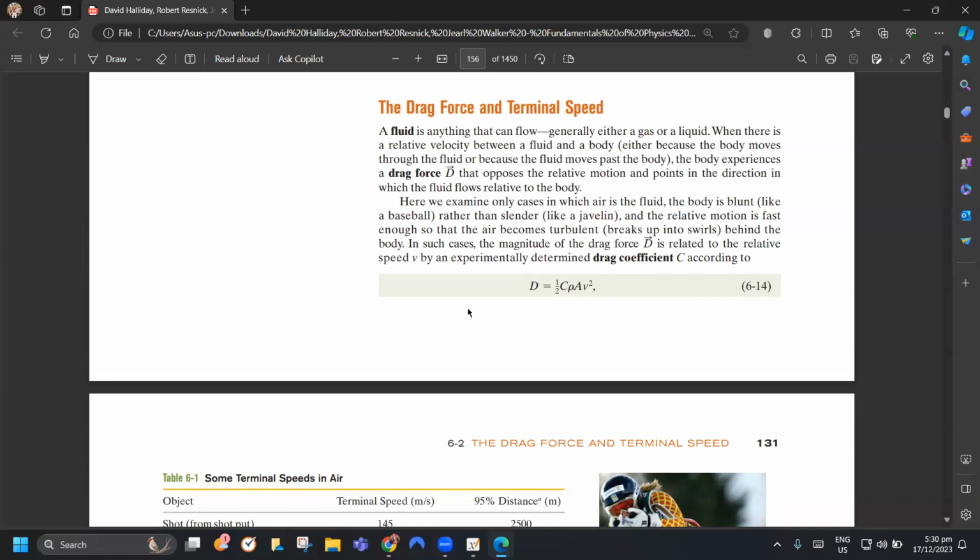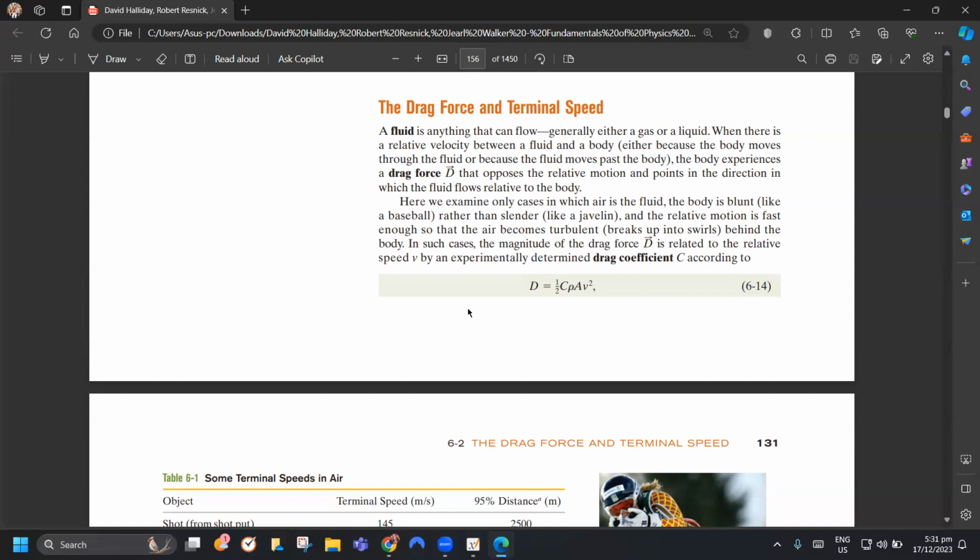So, kung halimbawa, what if may wind, tapos tumatakbo ka forward? The drag force is going to be dependent on yung relative velocity mo at ng wind. So if you're moving in the same direction as the wind, pwedeng bumaba yung drag force.